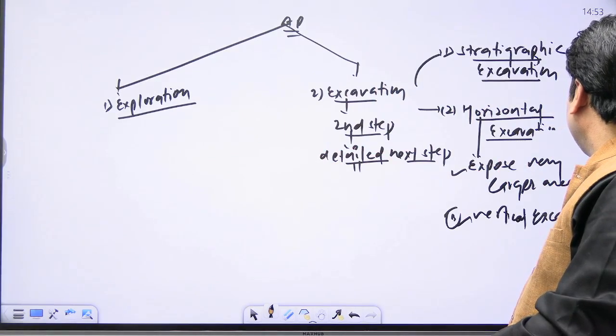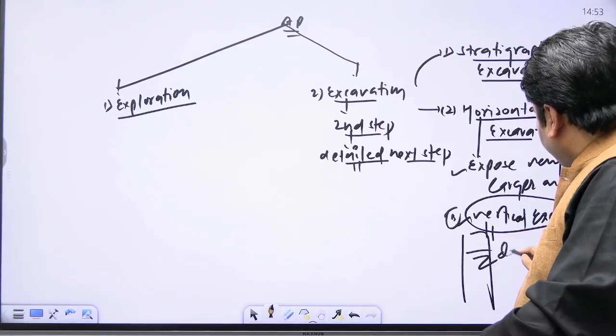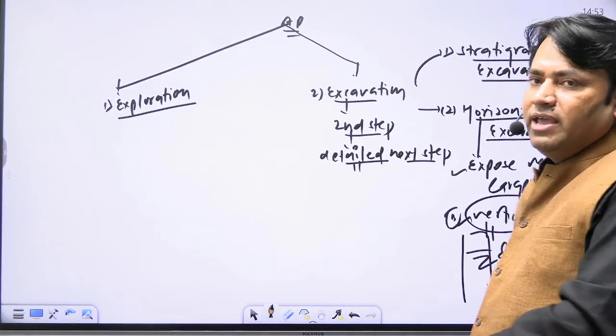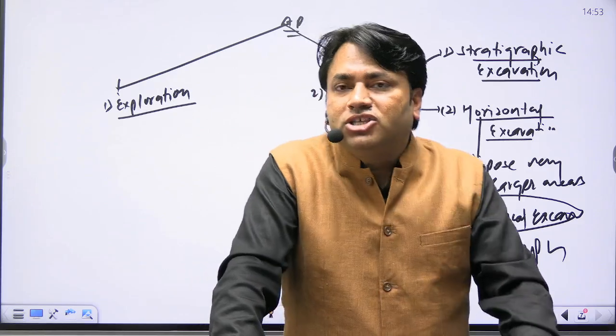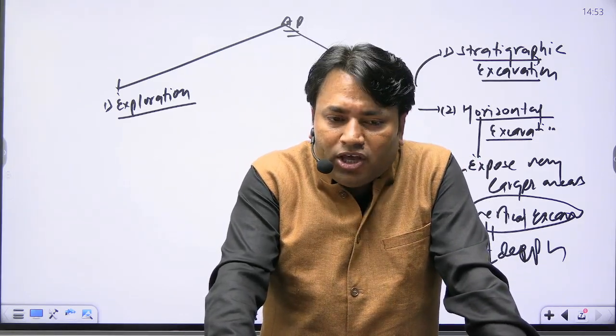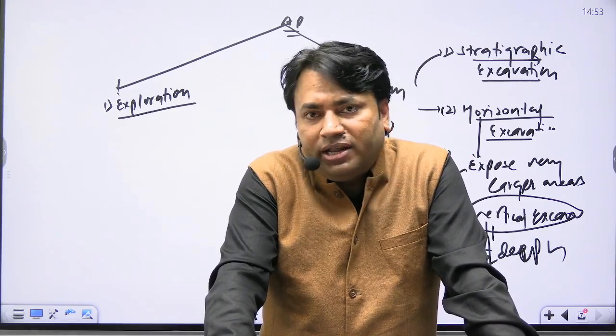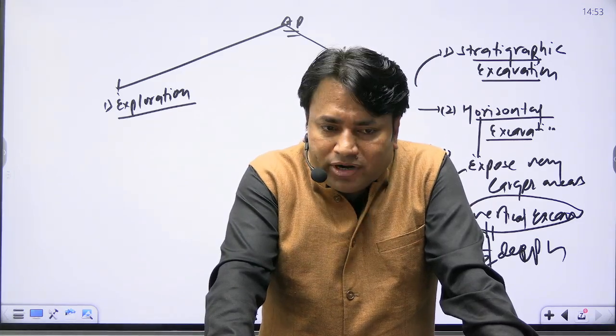With the help of these deep trenches, different historical layers will be unearthed, and this way you will get different artifacts and materials that are buried in the soil. So these are the two most important stages.